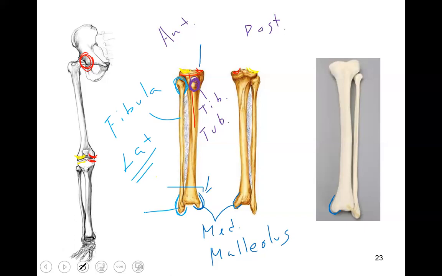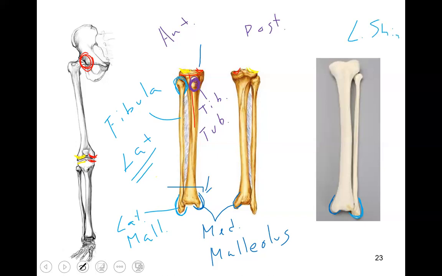This is your outer ankle bone. When you run your finger down the lateral side of your leg, or the fibular side of your leg, you feel your ankle bone, and so this is the lateral malleolus. That is over here as well. And again, this is a left shin.